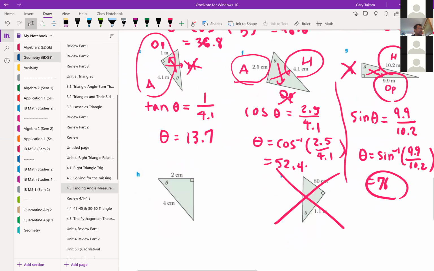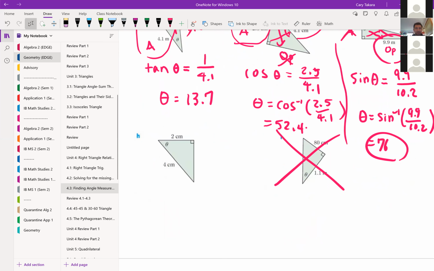Last question. Palmer, I don't know if you can hear me. Which function are we going to use, Palmer? Is it sine, cosine, or tangent?